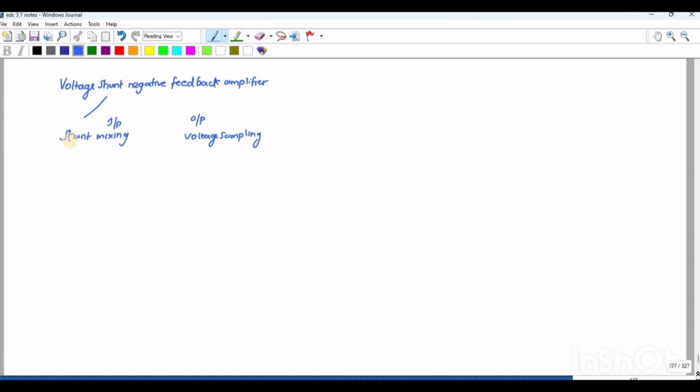Since we are using shunt mixing, you have to employ a current source at the input. At the output you have a voltage. So I can write the gain. Gain is equal to V by I, because at the output you have voltage and at the input you have current.